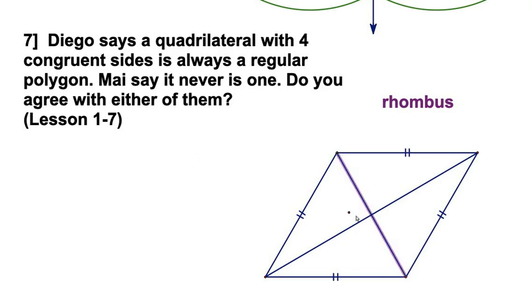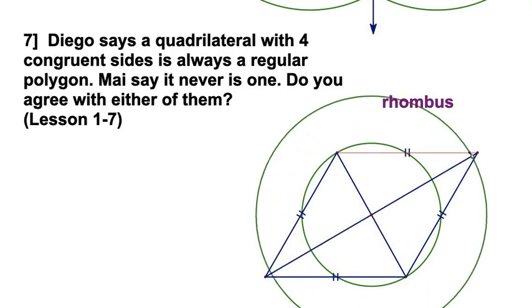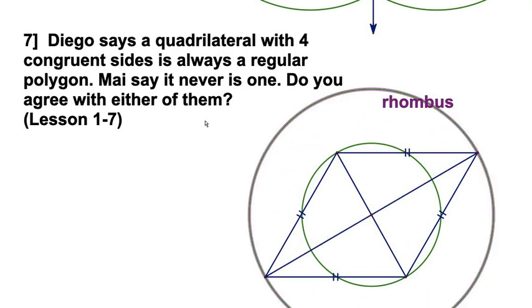Now, because these diagonals meet here, they're actually the perpendicular bisectors of each other, which is really cool. So that means if I draw a circle here, I can also draw a circle here. Now all 4 vertices are on 2 different circles.